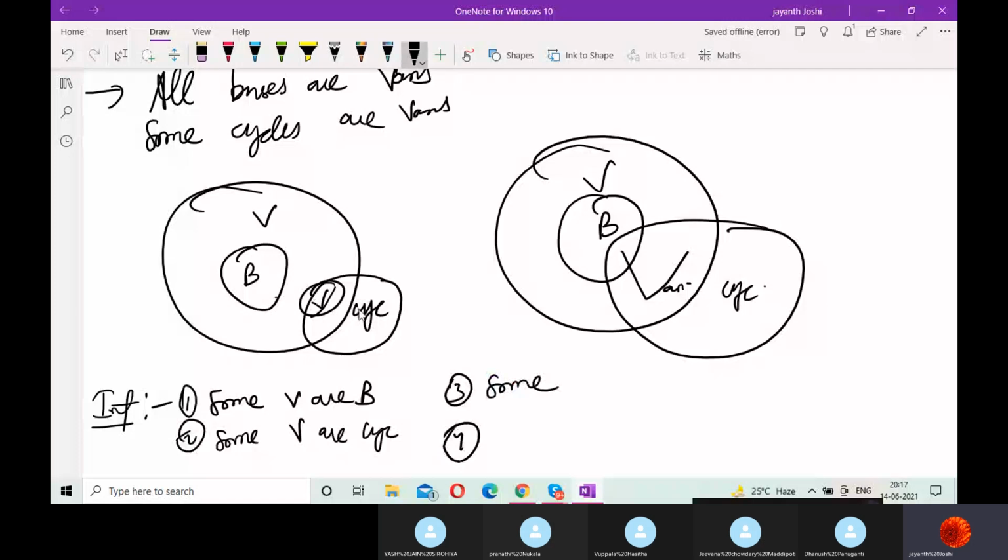Either no bus is a cycle, or some buses are cycles, correct? No bus is a cycle, or some buses are cycles. All of you make a note of this.